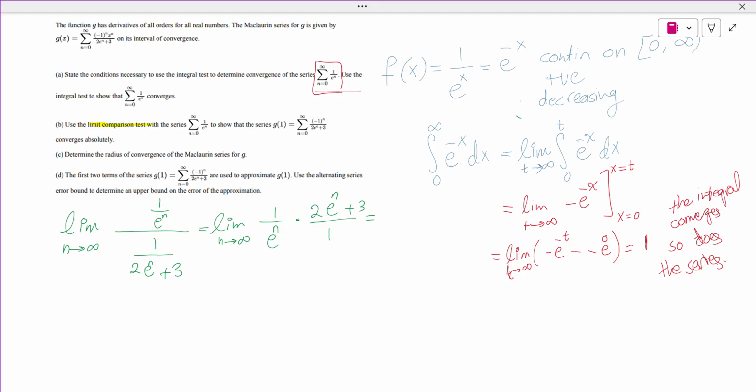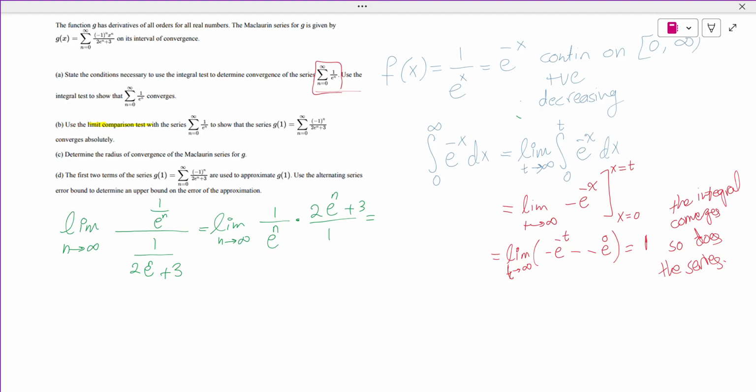You have to look at the strongest terms here. What's the strongest term? It's the exponential, and here, the exponential.